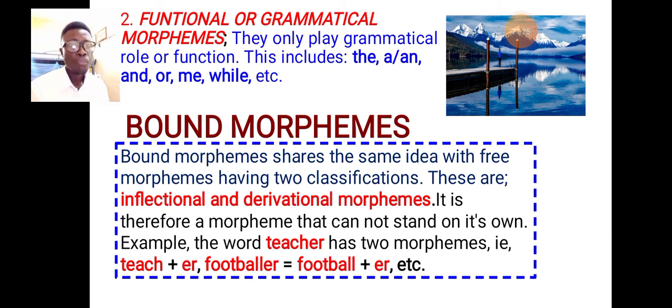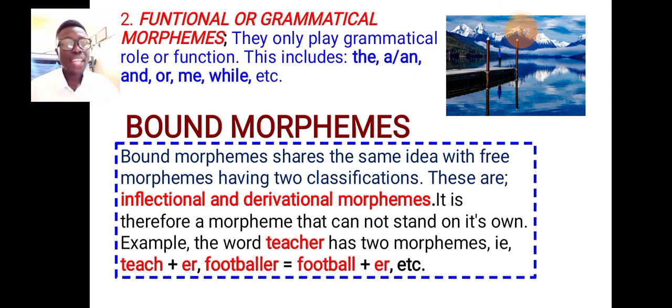And so with this, it depends on other morphemes or free morphemes to give out meanings. Alright, so let's take the types of bound morphemes we have, and then maybe we are going to end it that way.